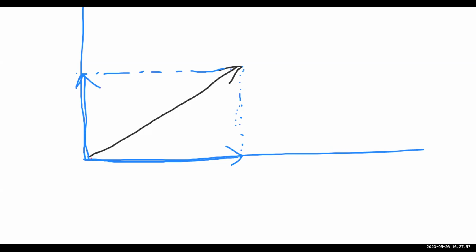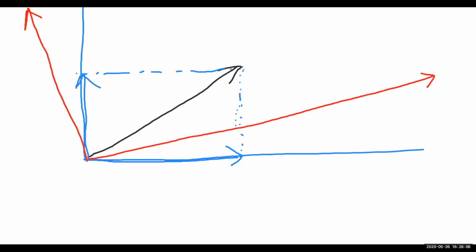However, I can draw an xy axis any which way I want. Okay, and if I do that, then I get this vector plus this vector is equal to the black vector.